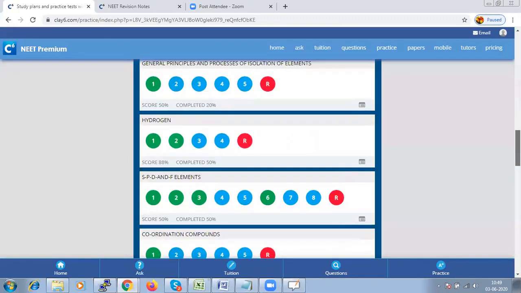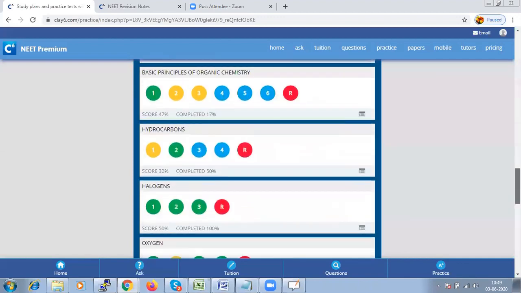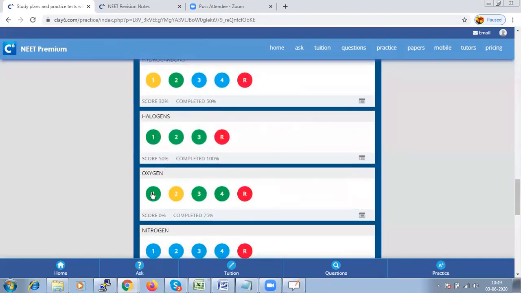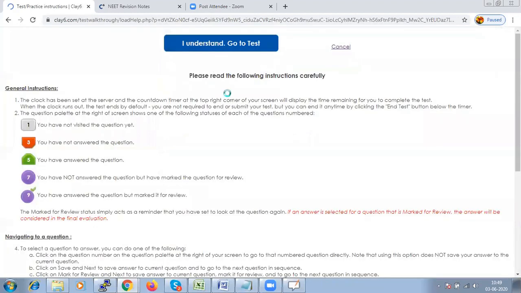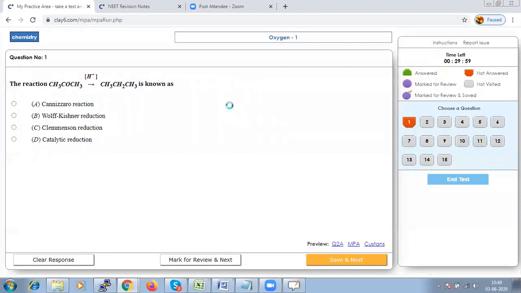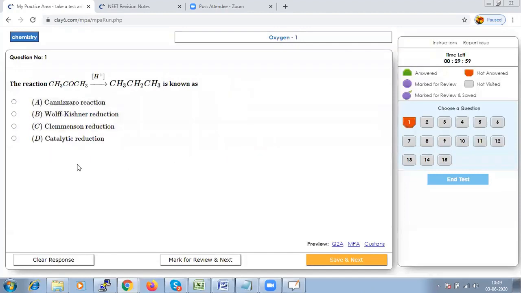So today we are going to take the test from aldehyde, ketone and carboxylic acid. Here the reaction CH3COCH3, which reaction is represented by the given option? When we say it has CH3COCH3 and it is giving a product, what type of reaction is it?